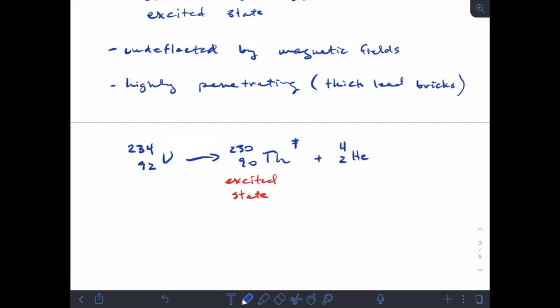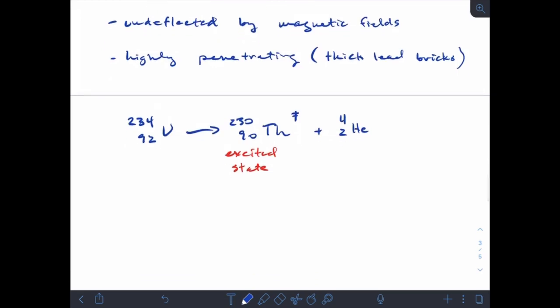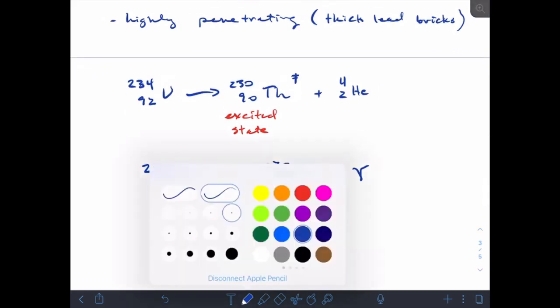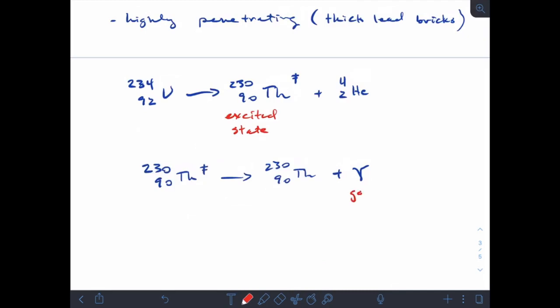Okay? So the next step is for that excited thorium nucleus to lose that extra energy. Just by losing energy, it doesn't change from a thorium-230, but what we get, and I'm not very good at drawing the gamma symbol, but this is our gamma emission.